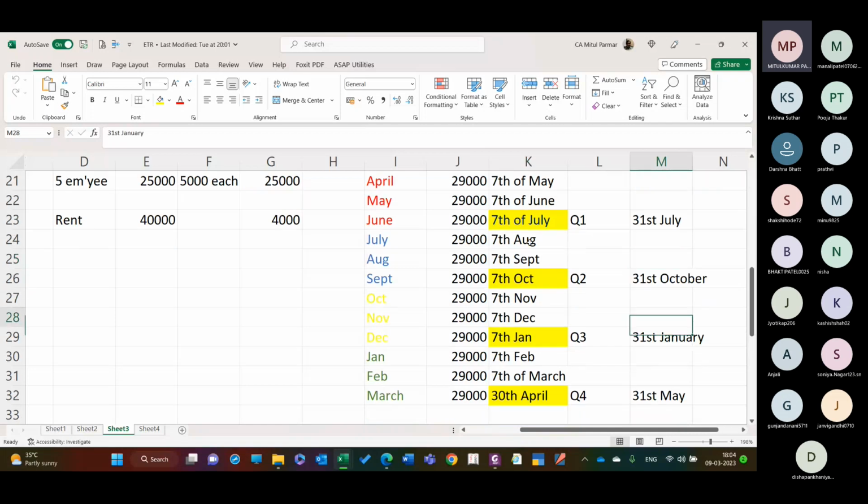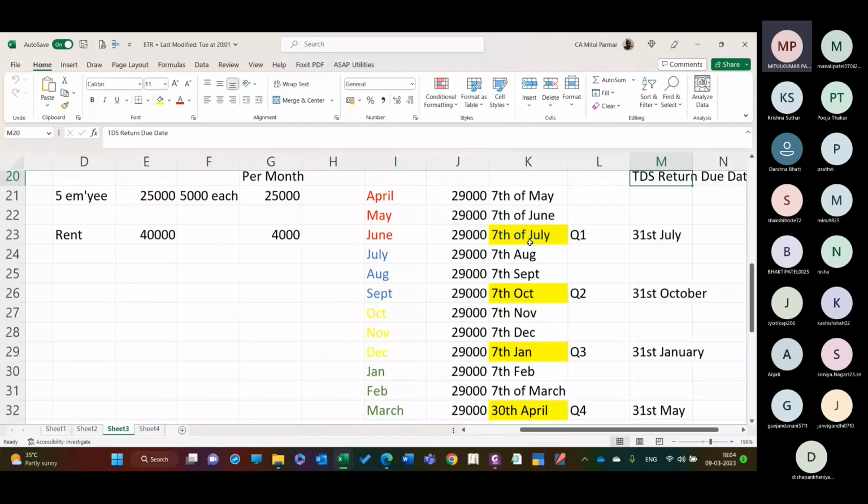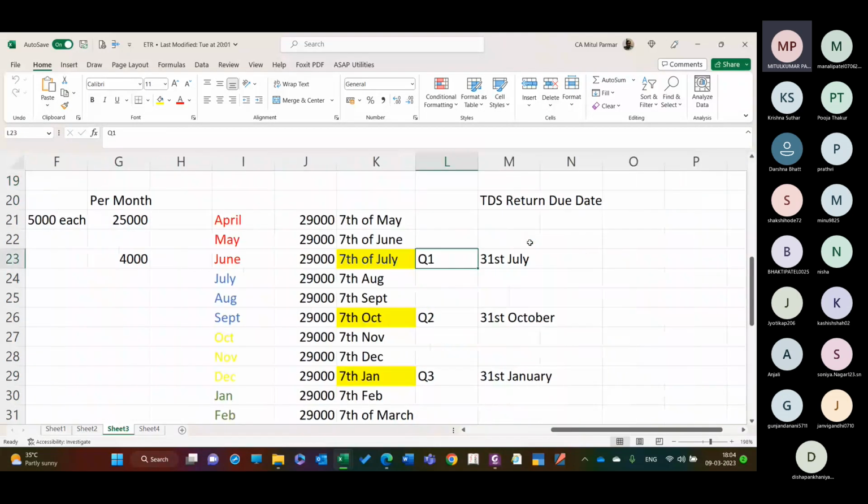And mostly there are two widely used TDS returns: one is for TDS on salary, which is 24Q, and the other than salary is 26Q. And if it is non-resident, there is form number 27Q, right? So that's what we discussed.